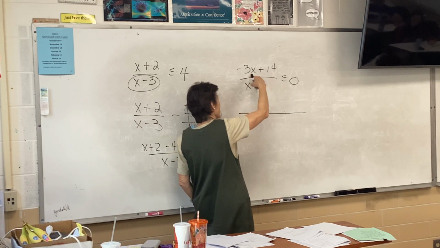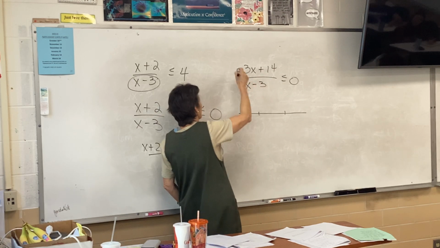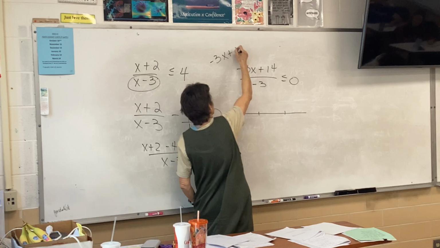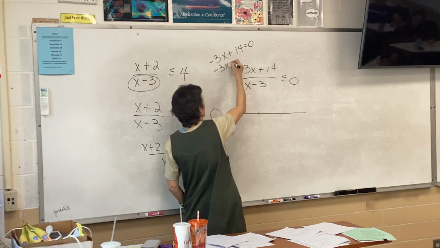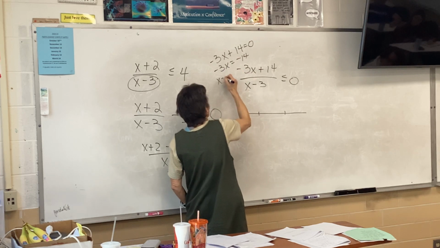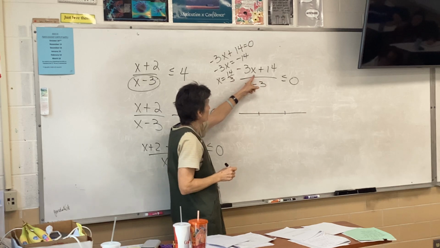When there are all those numbers and negatives and stuff, it's confusing to me to figure out where to put the dot. So I can always, over to the side, just set it equal to 0 and solve it, and that tells me where to put the dot. So I took my numerator, I couldn't tell where the dot was.